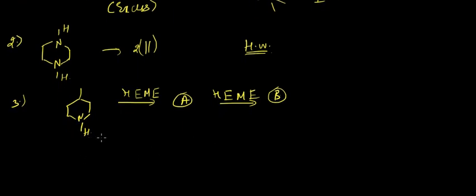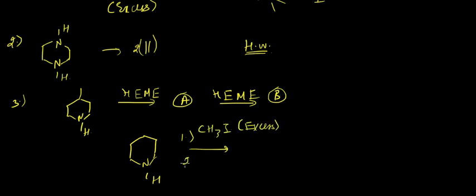So if we pass this with first CH3I in excess, second we have moist Ag2O, and third we are heating this.